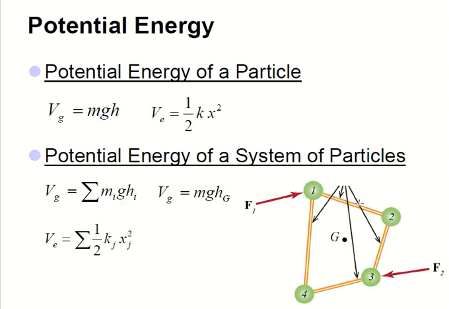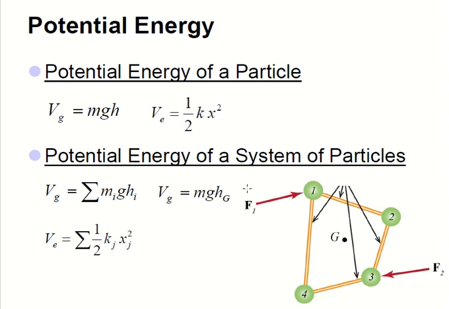Anyways, potential energy of a single particle: Vg is mgh, and Ve, elastic, is 1/2 k, the coefficient of your spring. We had an elastic example as a spring over there, so k, and you can also say this is the elastic constant, and then x, the whole squared, for the displacement.